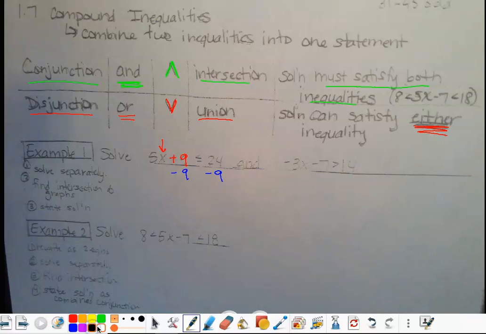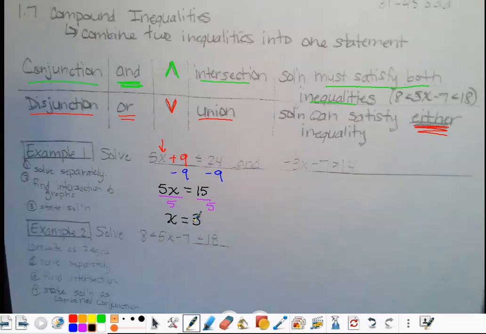Then we have 5x equals 24 minus 9, which is 15. Now we have multiplication between the 5 and the x, so we divide by 5 on both sides and get x equals 15 divided by 5, which is 3.